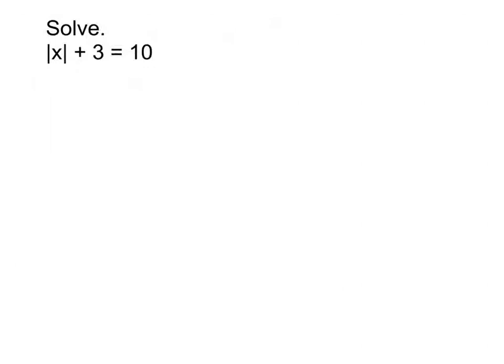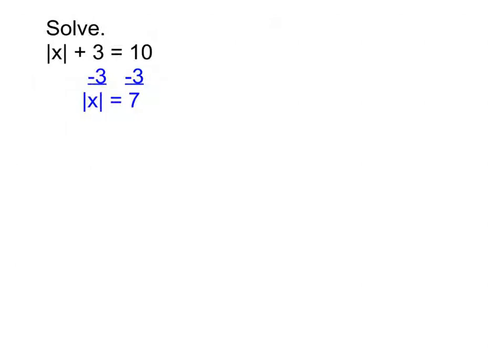And in this case, I want to start by getting the absolute value by itself. Just like I wanted to get the squared by itself, I want to get the absolute value by itself here. So that means getting rid of the 3, so I'm going to go ahead and subtract 3 from both sides. I then have that the absolute value of x equals 7.